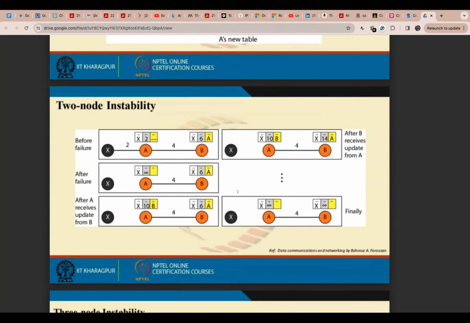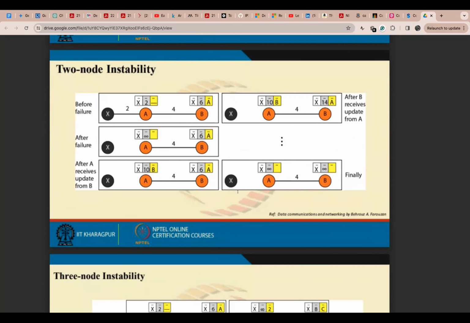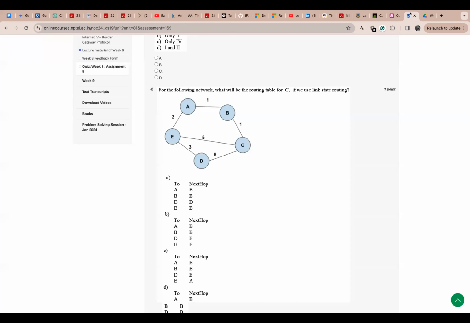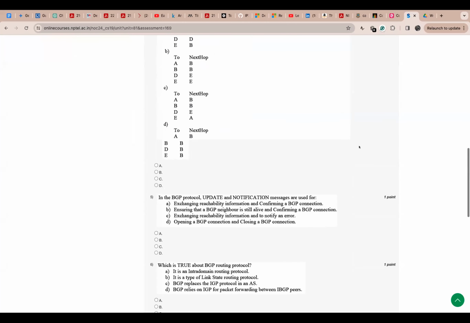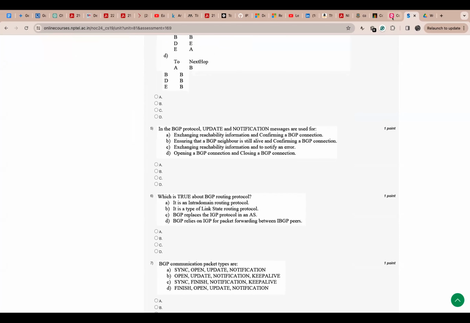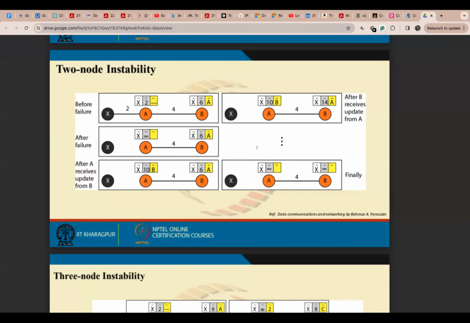This is distance vector routing, and there is instability that comes with distance vector routing.